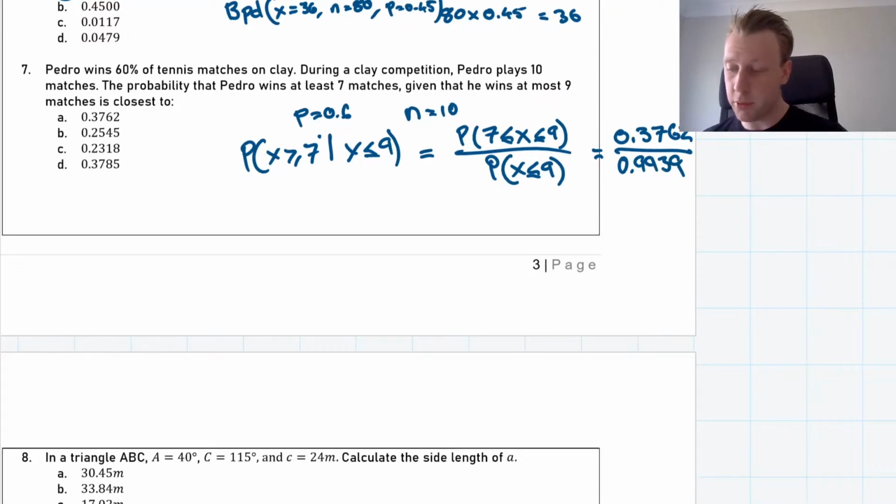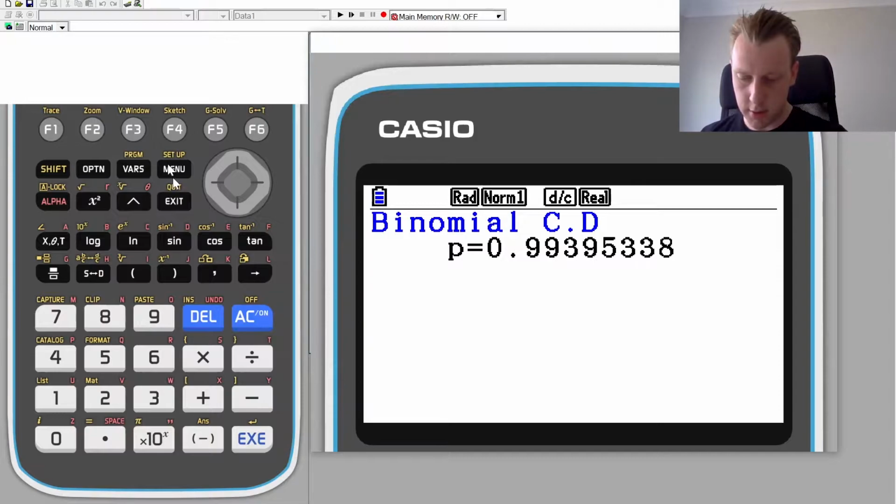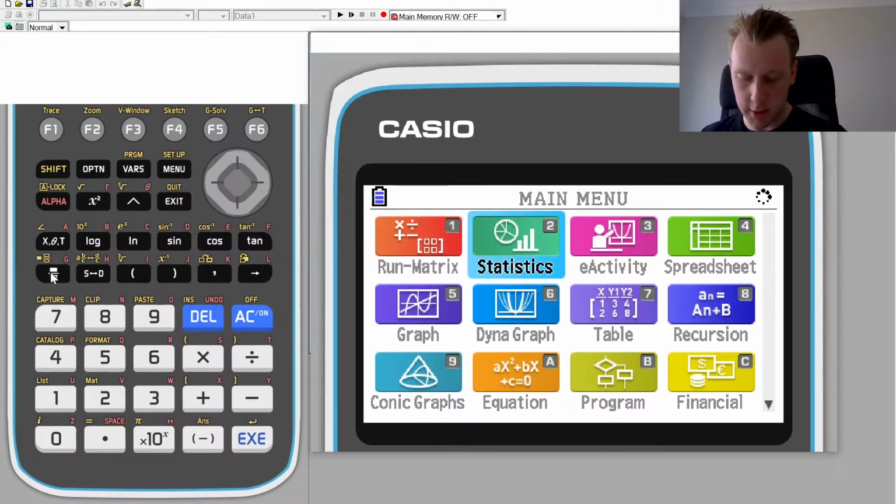0.9939, and then I'm going to put this expression into my calculator and get what it's closest to. So I'll chuck it as a fraction.